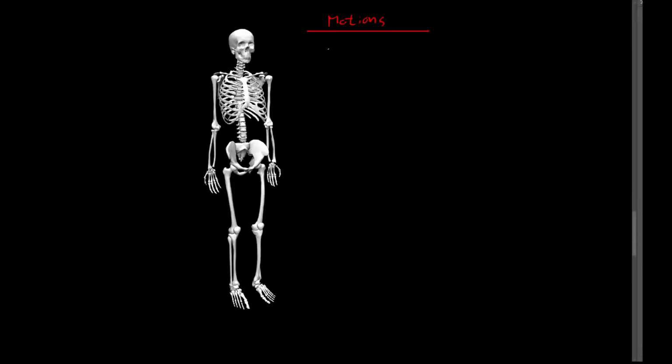So first off, the first set of terms I want to talk about is flexion and extension. Then I want to talk about abduction and adduction. Notice the D versus the B.